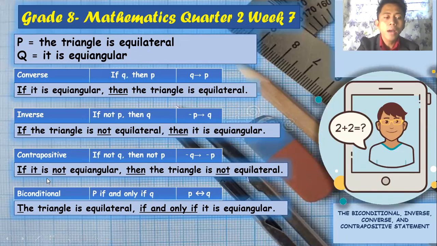So by simply following the pattern of the biconditional statement, P if and only if Q, our biconditional statement is: the triangle is equilateral if and only if it is equiangular. So that is the biconditional statement. Is this clear?